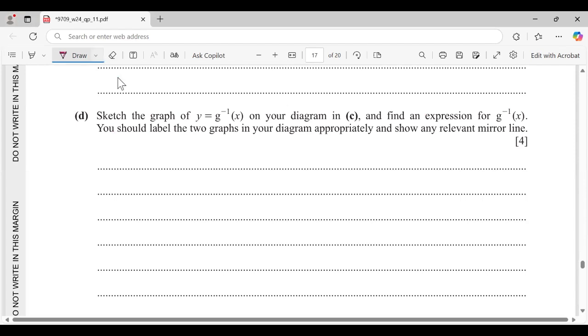So two axes, x and y. Just now I have shown you how we sketch g(x) like this.